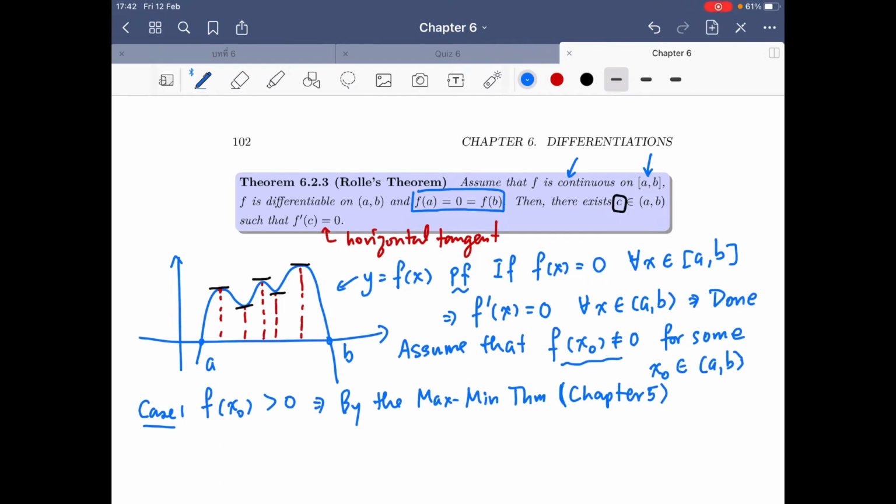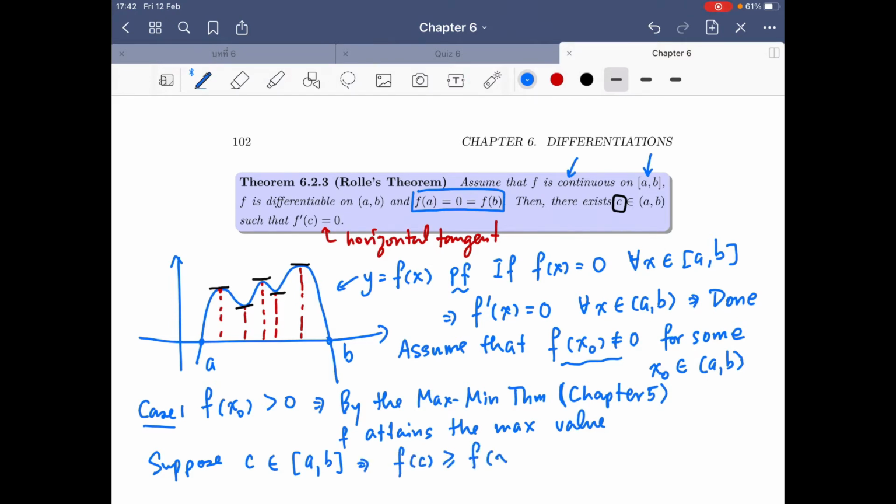So by this one, your f attains the maximum value inside. Suppose that your c is where your f attains its maximum. So suppose that your c is in [a, b] such that this one is larger than each and every value of f inside this closed interval [a, b].